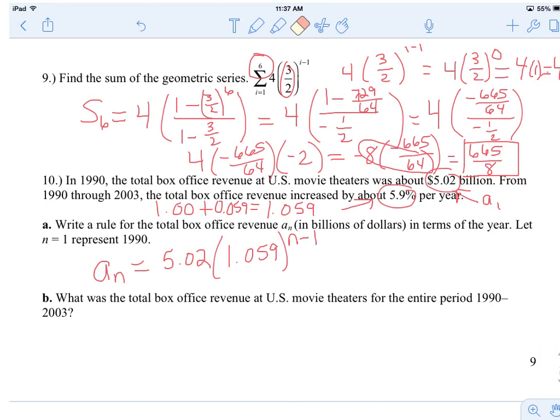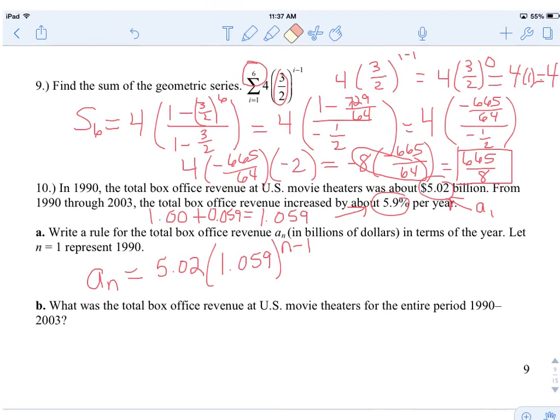So what was the total box office revenue at U.S. movie theaters from 1990 to 2003? Well, that is a 14-year time period if you count each year, 1990, 1991, 1992, etc. Or you can subtract them and add 1.